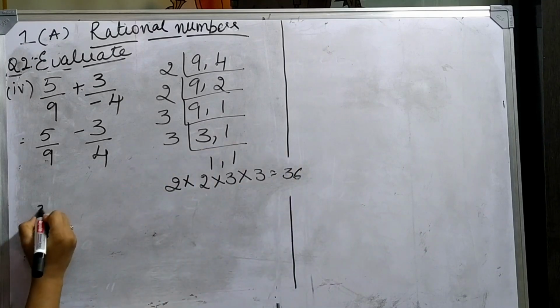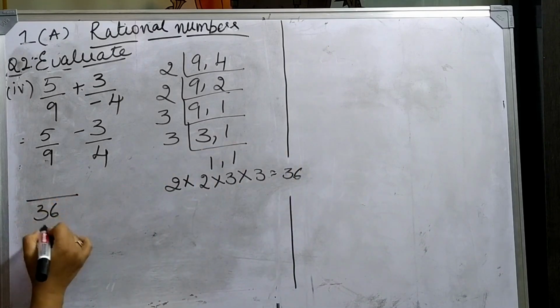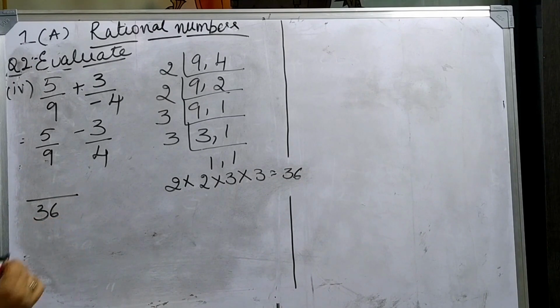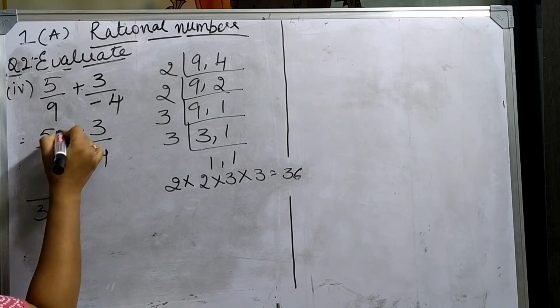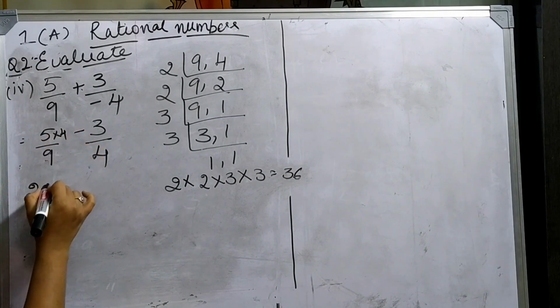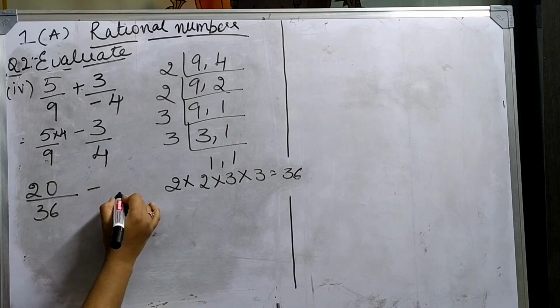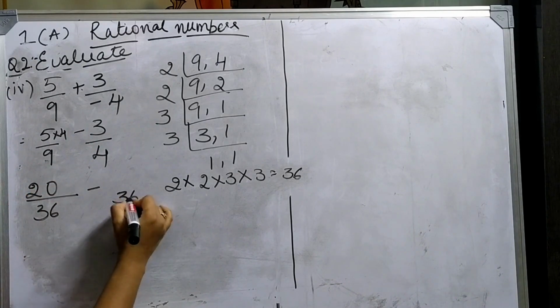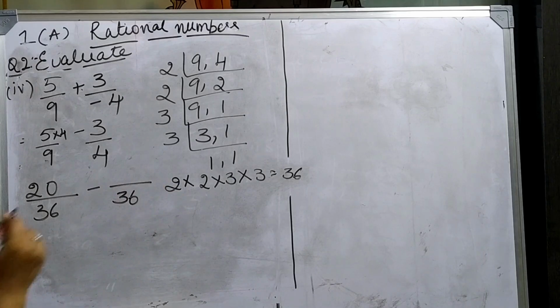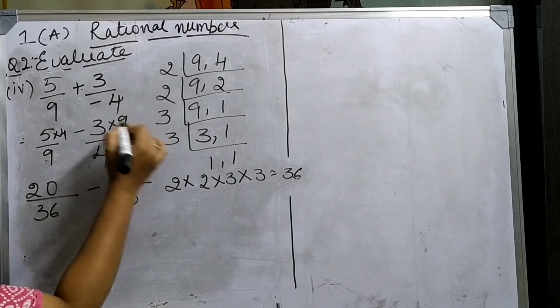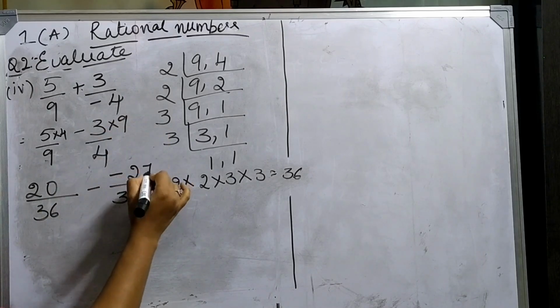Right. So 36 is the LCM. So 36, when you divide 9 by 36, you will get as 4. 9 4s are 36. So 5 into 4 is 20 minus 36. When you divide it by 4, you will get 4 9s are 36. Minus 3 into 9 is minus 27.